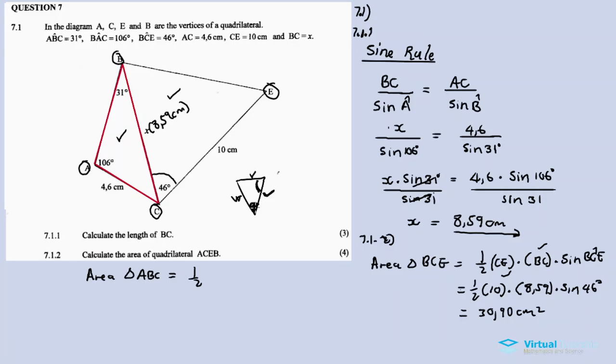Here we are given 31 degrees, and the length of this side, but not this side. So we can calculate the angle here, so that we use this angle, because this side and this side are given.